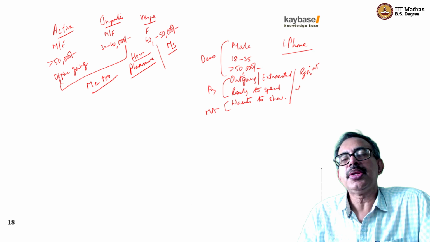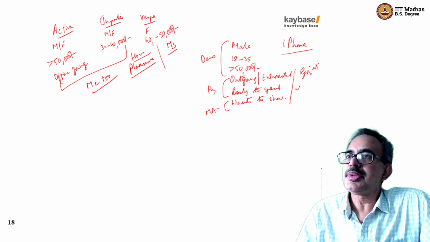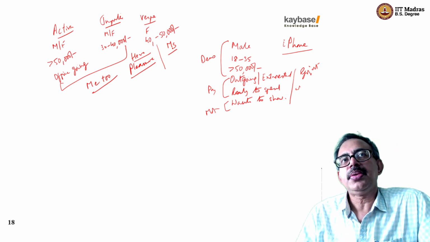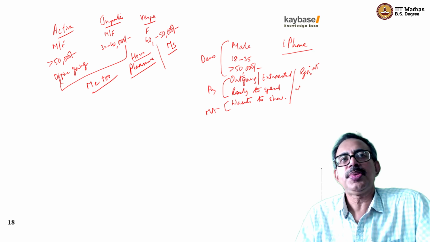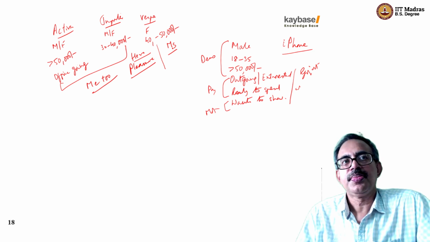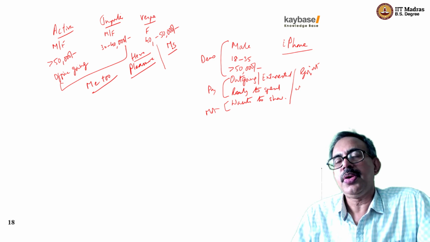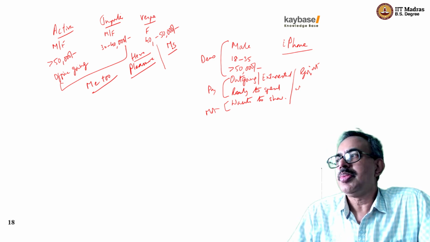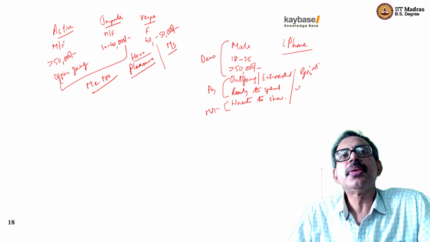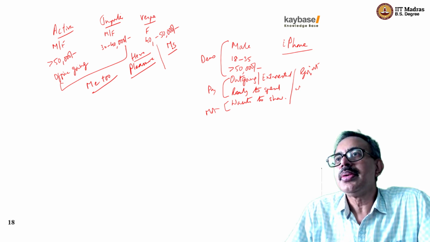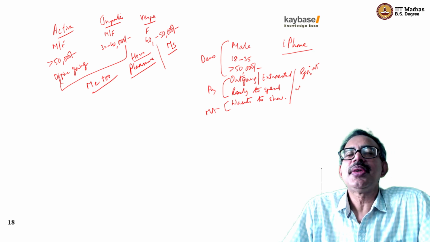The company found that there are plenty of women smokers in the country, so why not launch a special cigarette for women? It failed miserably in the market because follow-up research told them that women said, why should I smoke a different cigarette from men? I am anyway a smoker, so I'm going to smoke the same cigarette as men. I don't like the idea of a separate cigarette for women.